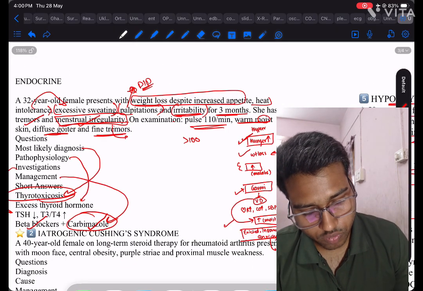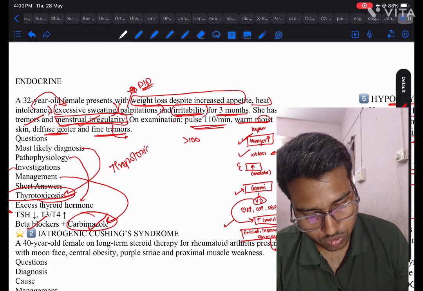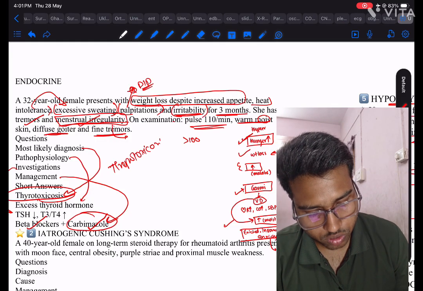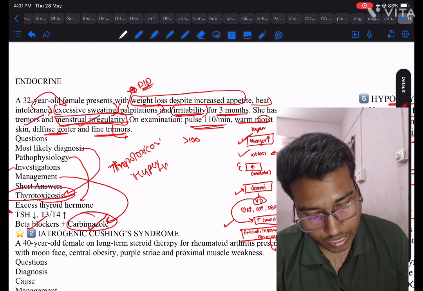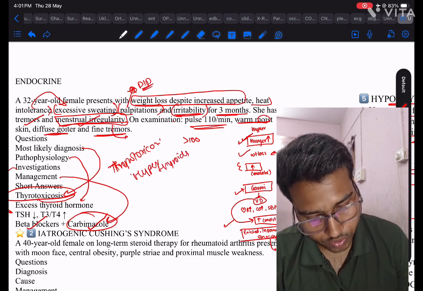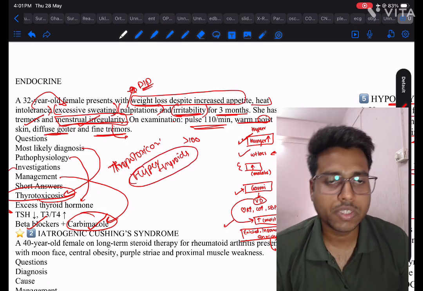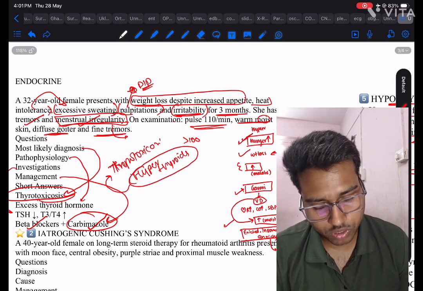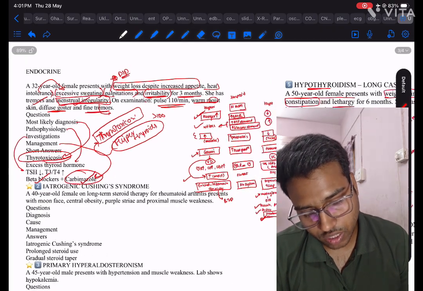So what is the difference between thyrotoxicosis and hyperthyroidism? Hyperthyroidism is just an increase in the hormones, and if it presents clinically it is called thyrotoxicosis.